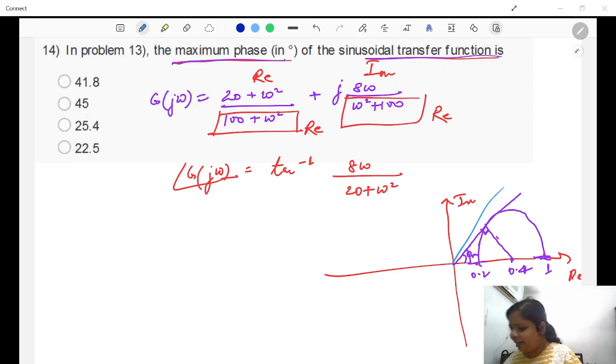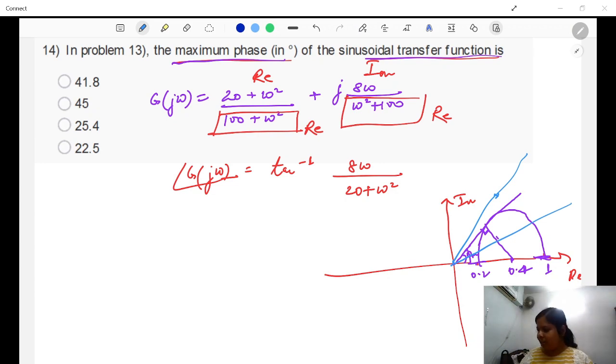If it is in this line, there is no maximum phase because this part is not lying on the Nyquist plot. If it is in this line, it is definitely not a maximum because this and this point are not maximum. So whenever it is going to have a maximum phase, it should be acting as the tangent of the circle, right?